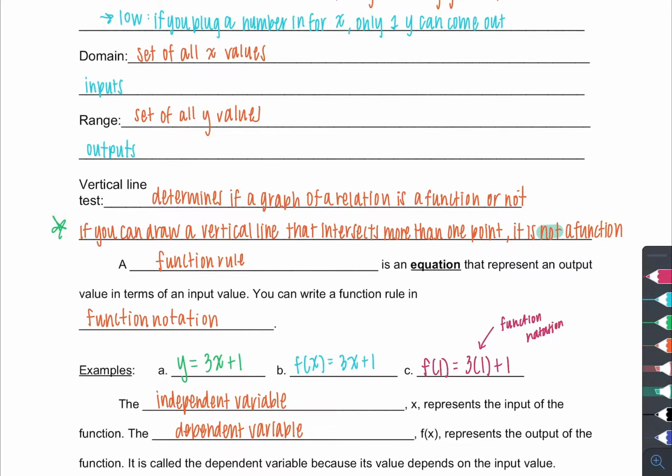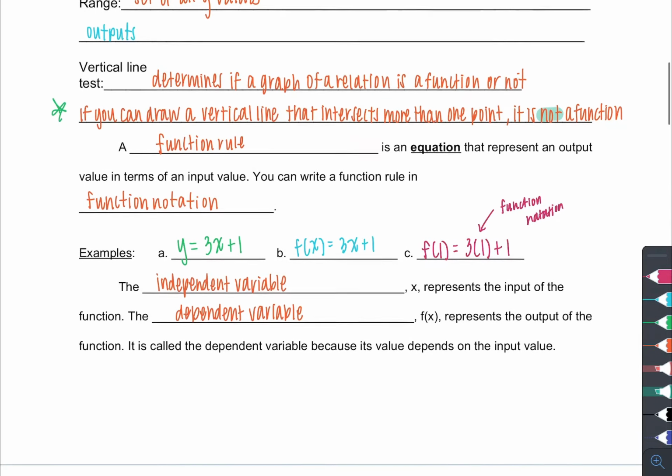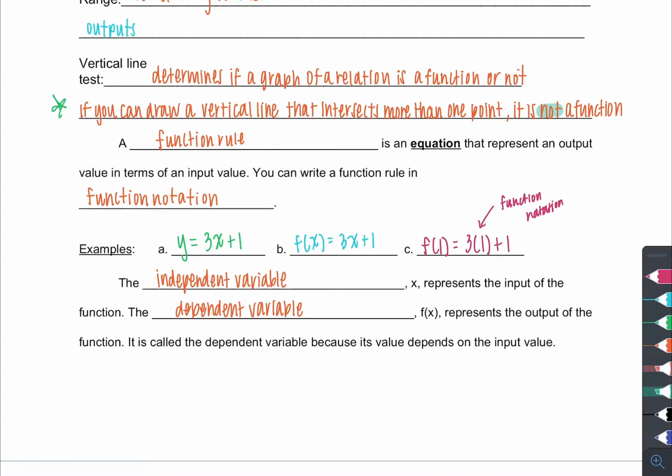And that is f of 1 in terms of 1. Okay, the independent variable represents the input of the function, and the dependent variable represents the output of the function. The best way to remember is the dependent variable depends on the input variable.